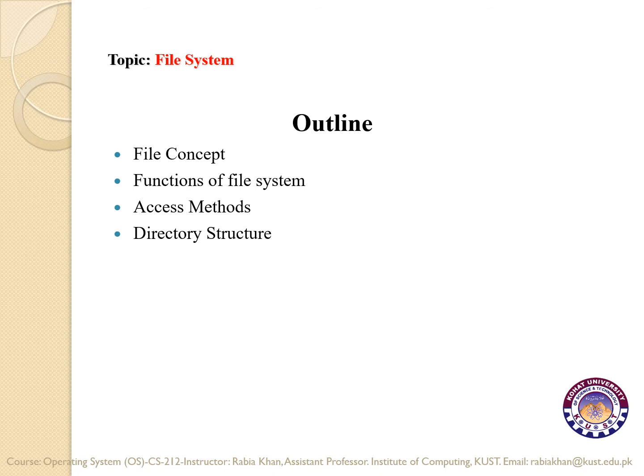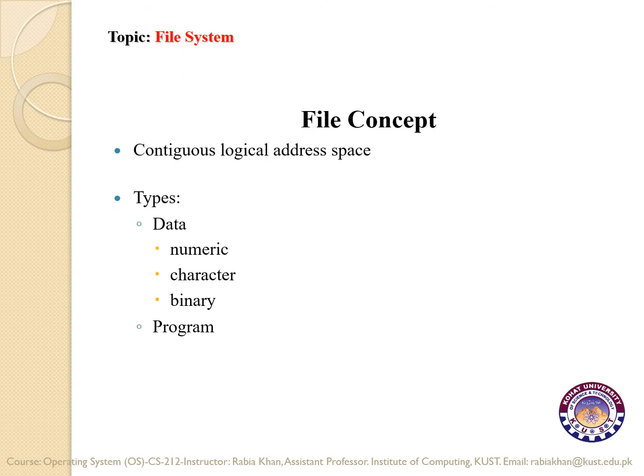So the first topic of discussion is to understand few file concepts. Let's revise our concepts about how files are formed. Files are generally located at secondary storage, where logical addresses are located in virtual memory.